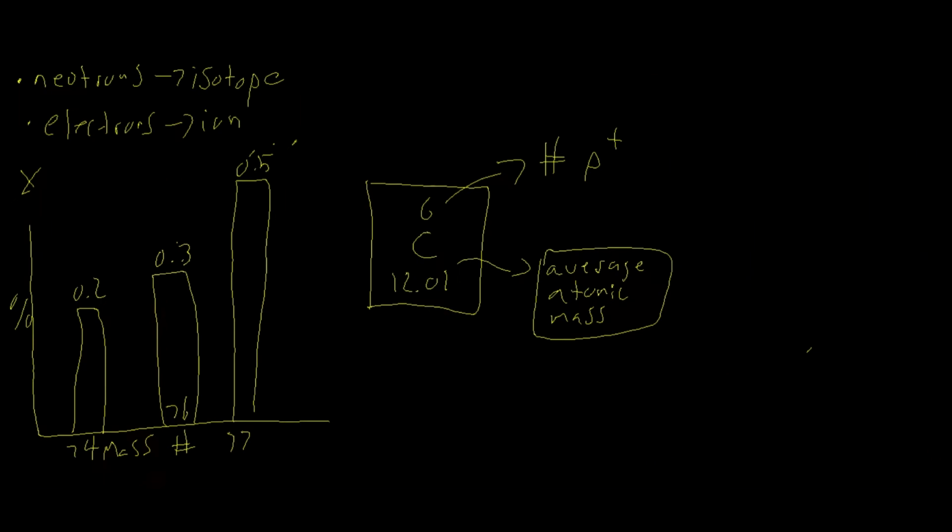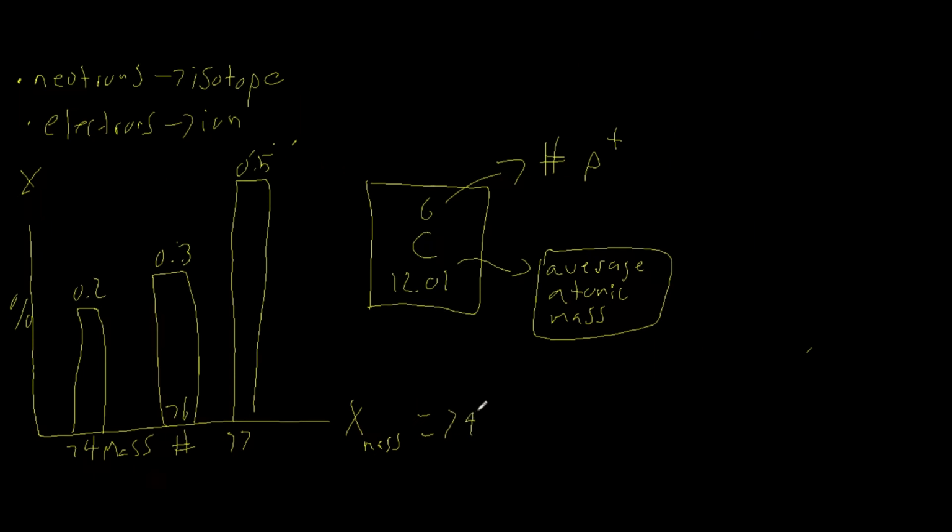So how would you calculate the average atomic mass of this given atom X? The average atomic mass, which is a weighted average of every different version that occurs, is going to be exactly that, a weighted average of these values. So we start with the one that occurs 20% of the time.